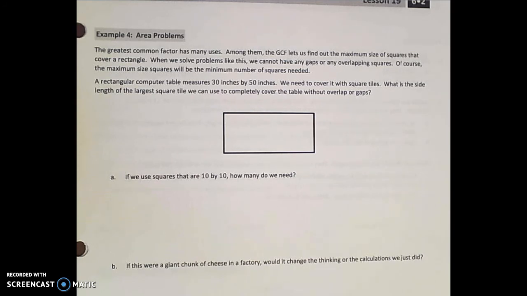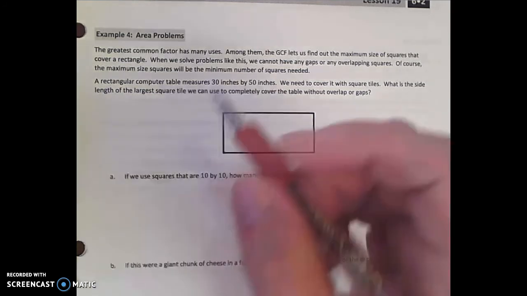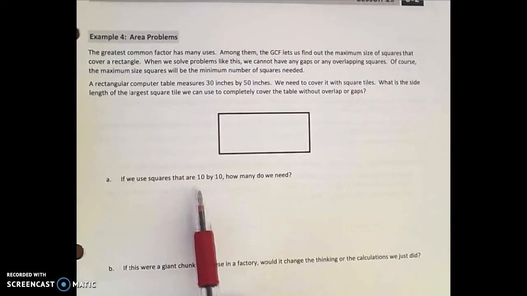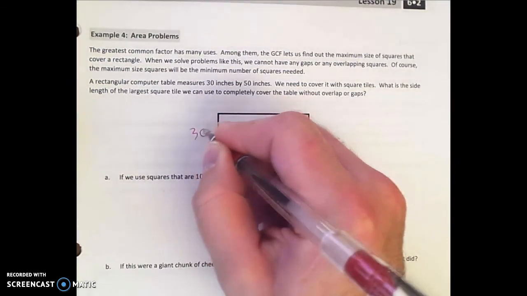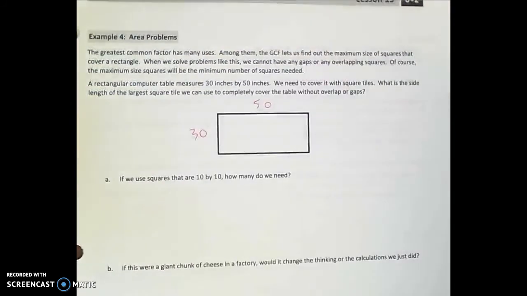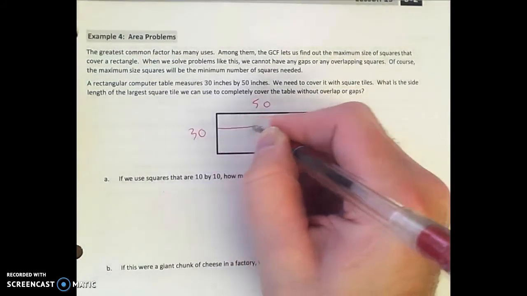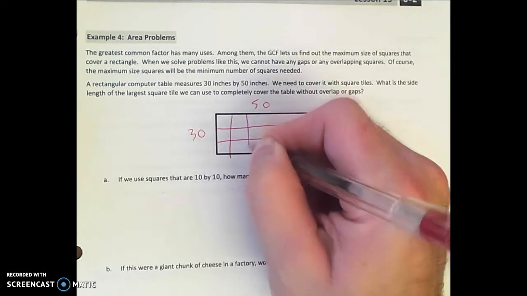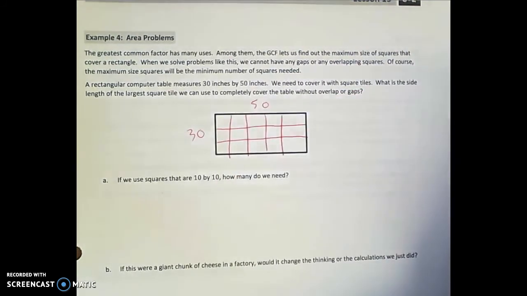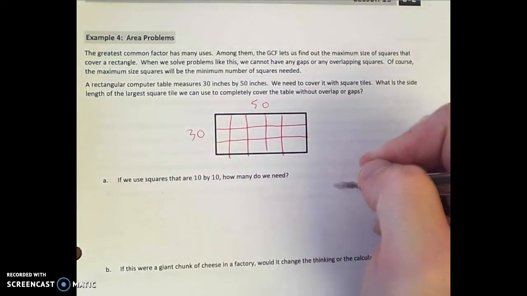So in this case, if we use squares that are 10 by 10, how many do we need? If we set this up as 30 and this is 50, we can think about using 10 by 10 squares. We can see that when we go to count them, we're going to need 15.